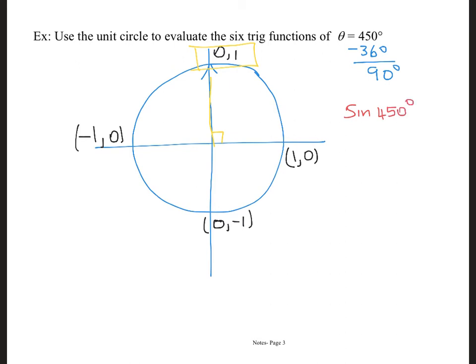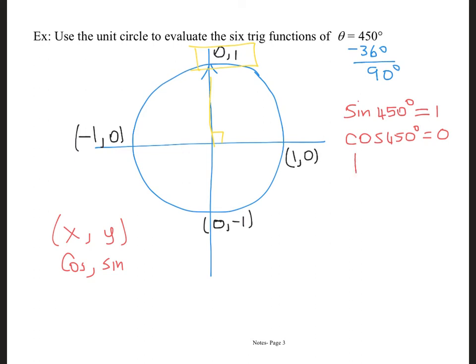Sine of 450 degrees, which is the same as 90 degrees, is equal to 1. And now I can go to the next one. Cosine of 450 is equal to 0 because cosine is represented by the x value. Remember here we have (x, y). So this is cosine and this represents sine. So that's what you need to remember.